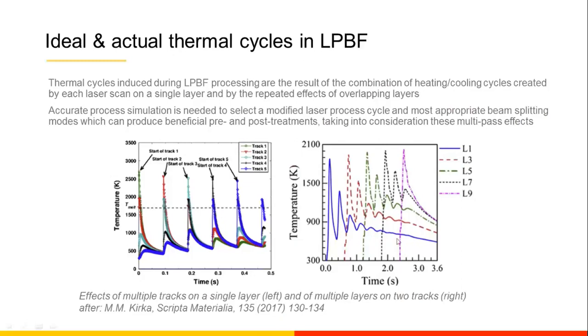Here are some plots about the multipass effect on the thermal cycles of a real process on our reference material. So this is the actual thermal cycle a material is feeling under this kind of processing condition. So it's not really easy to predict and to imagine a simple thermal cycle to be given to the material.